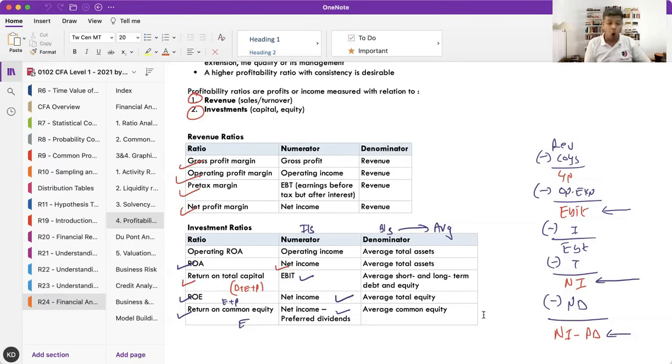But if they ask you operating return on asset, if they use this name, then instead of net income, you'll take operating income. What is operating income? EBIT. Clear? So if they say only return on asset, you will take net income. If they tell you operating return on asset, then you will take operating income. Clear? Everyone? Easy?